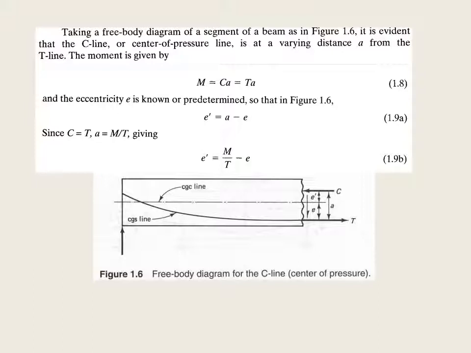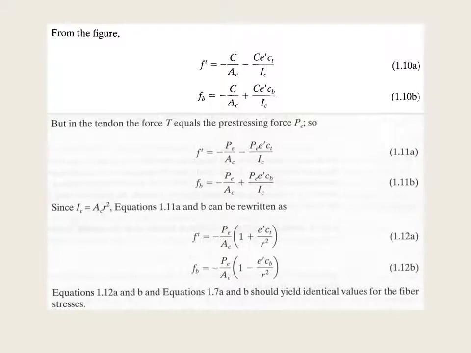Big moment, big a, small moment, small a. And then you apply that on the formula of e prime and simply substitute the values. So we have negative C over Ac, meaning the compression, minus C e prime c_t over Ic. And at the bottom, C e prime c_b over Ic.